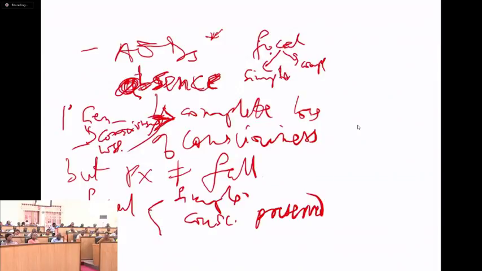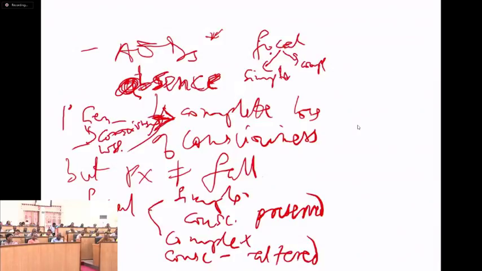If it is complex, consciousness is altered. It means that the person does not completely lose their consciousness. So they are in between full consciousness and full loss of consciousness. Depending on the severity, they may go towards one end or the other. So they are in between, it's impaired or altered.